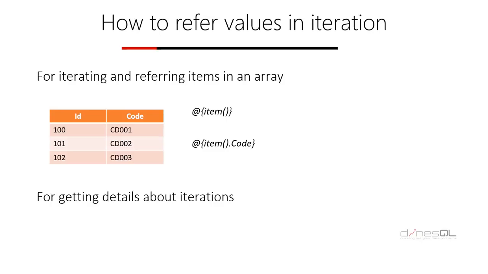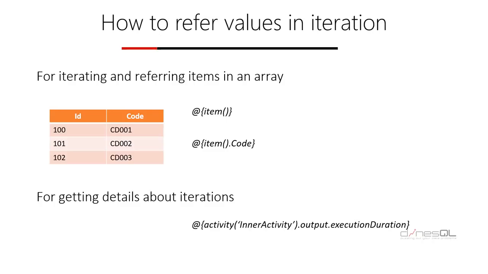In addition to that, I can get some additional details within this for each activity. For example, if I want to find out the time it has spent on an inner activity defined in the for each activity, let's say I have a stored procedure activity inside my for each activity and I want to find out the time it has spent on that specific stored procedure activity.